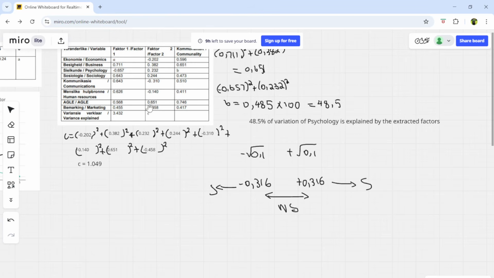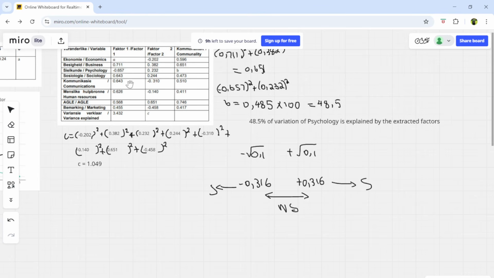For example, minus 0.202 is somewhere in between, so it is not significant. And 0.711 is significant. 0.643, 0.643, 0.626 are significant. You get the picture, right? That is all about the significance of the factor loadings.